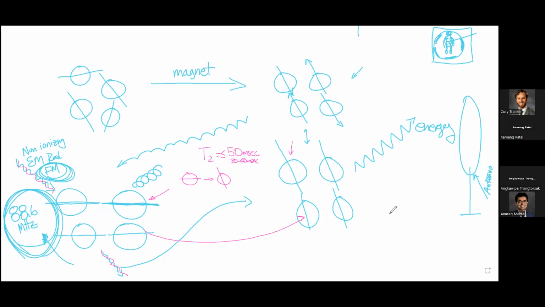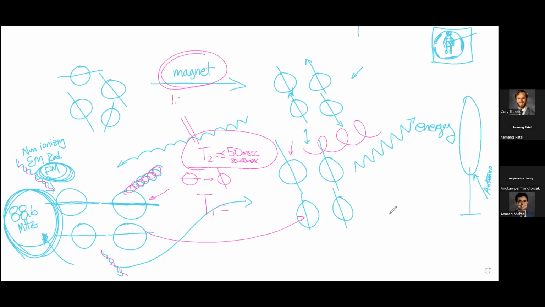But remember, there's also this winding process. Well, as we go back over to this, there's the unwinding process, right? And that's going to take a little longer. So that's the T1 time. Now, interestingly, with the T2 time, you're going to talk about field strengths of these magnets, right? And we have the magnetic field up here.